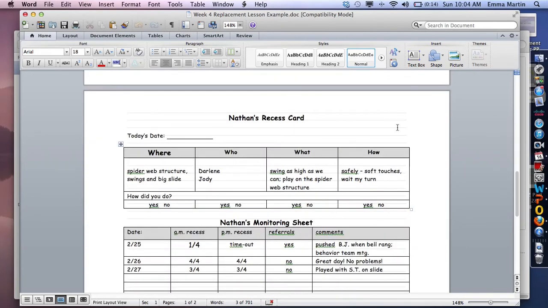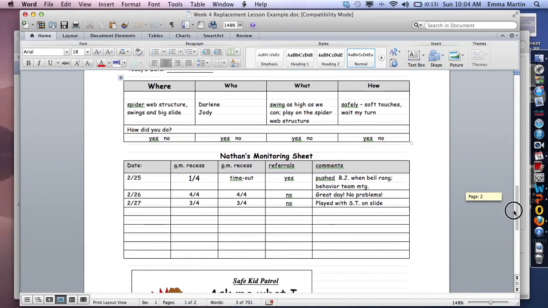Okay, this is what his recess card looked like. He would fill this out, and then he had a plan. So he wasn't going outside with no plan, but rather he knew where he was going to play, who he'd play with, what they would do, and again, reinforce how he was going to play. He then self-evaluated when he returned from recess, and again, that provided us with an opportunity for instruction and problem solving around what he did on the playground.